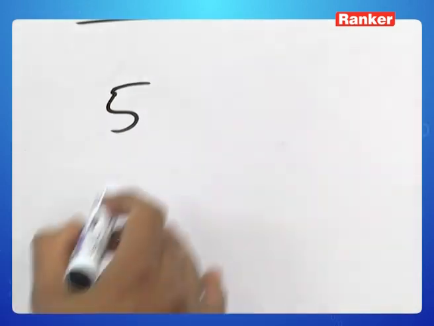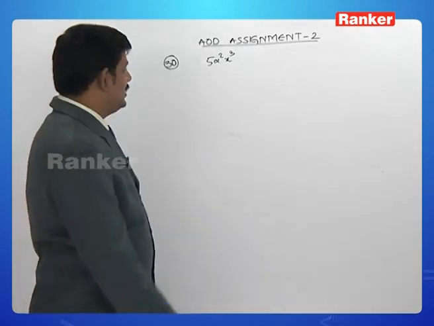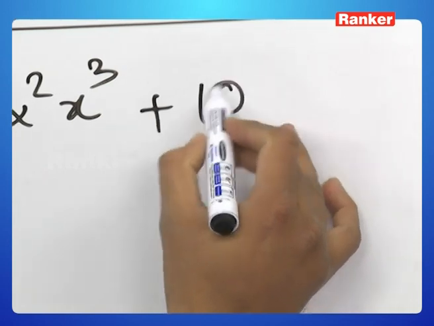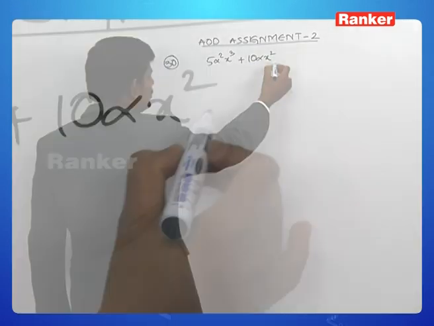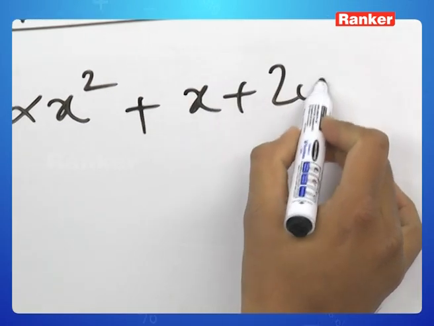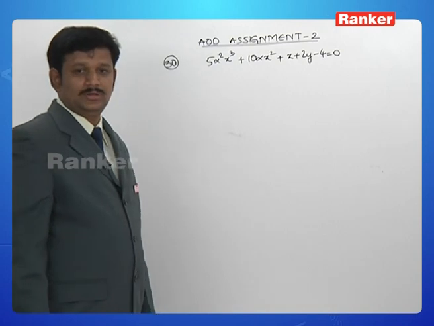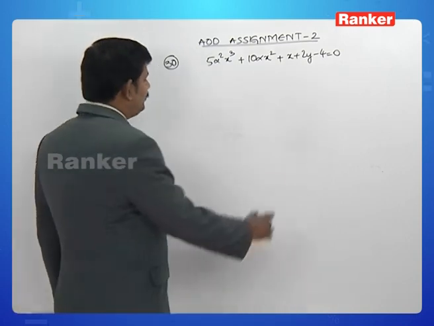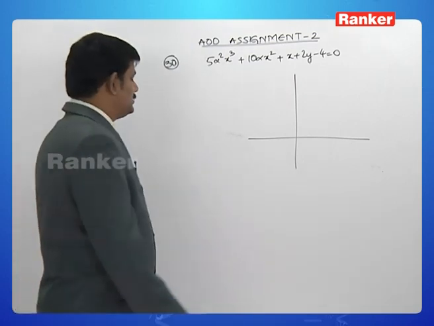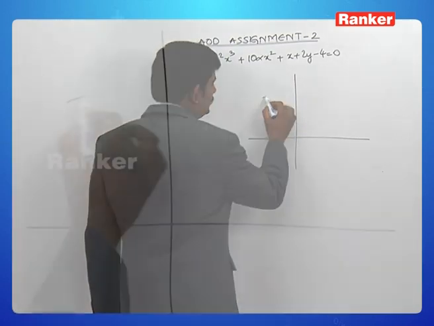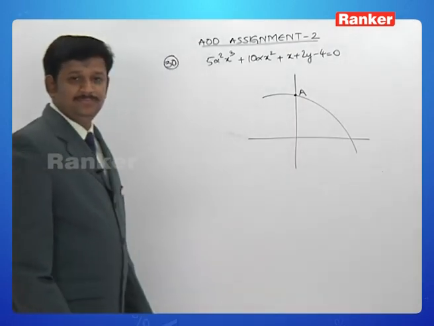The curve is given to be 5 alpha square x cube plus 10 alpha x square plus x plus 2y minus 4 equal to 0. Let A be the point where this curve cuts the y axis.